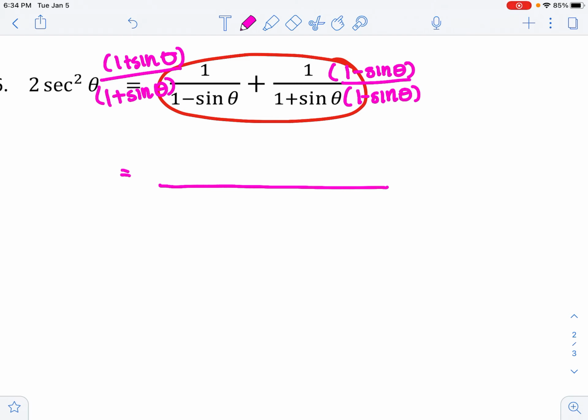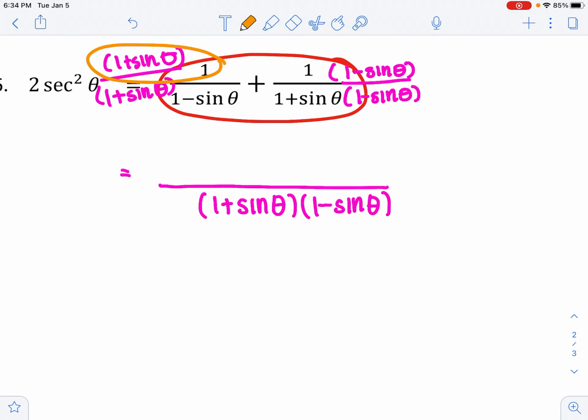All right, so new denominator is 1 plus sine times 1 minus sine. And I'm like, I can write that right now because I didn't know good things were going to happen, but they are conjugates, so good things are going to happen. So you could either write that right now, what I just did, or you can multiply them out and write what's there then. It doesn't matter to me.